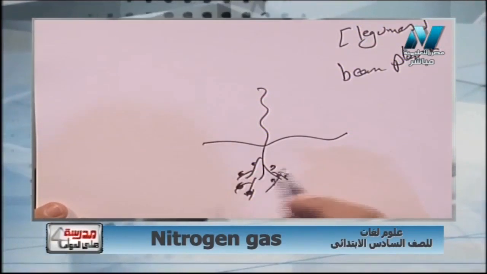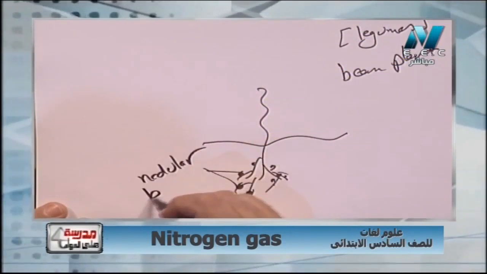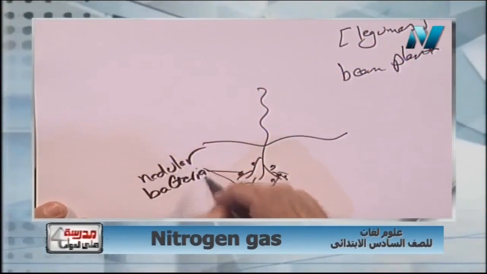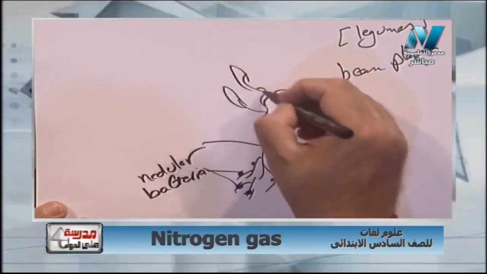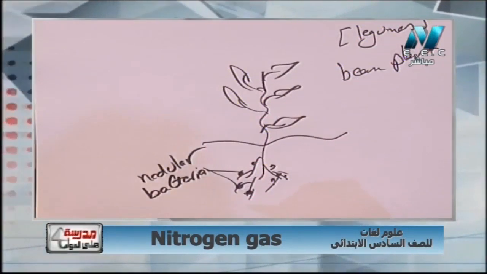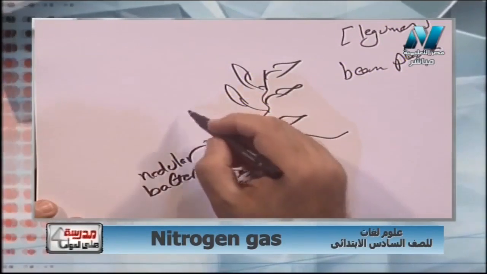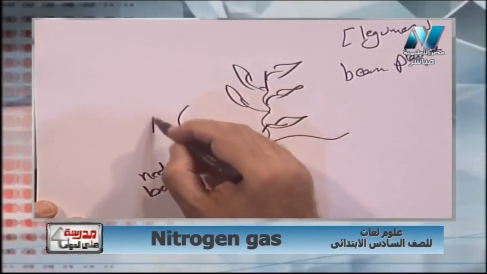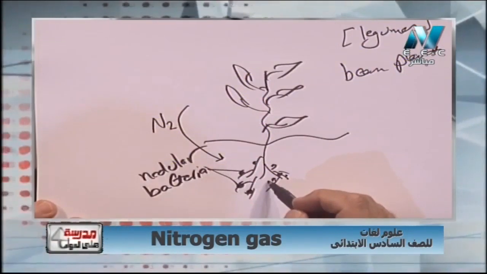Okay, I will find that nodular bacteria. It has a very important role for the bean plant, or for any plant in general. What is this role? It fixes nitrogen. It takes nitrogen from the air or from the soil and gives it to the bean plant so it can make protein substances.